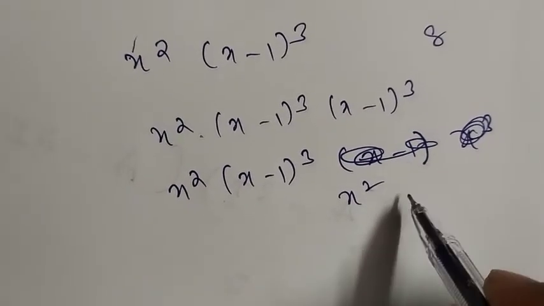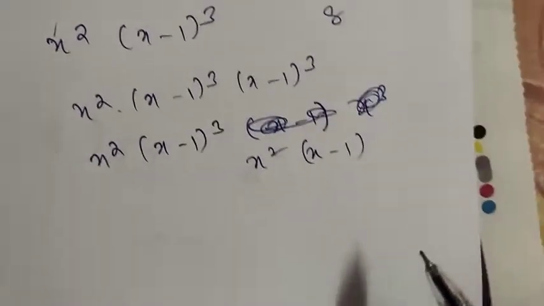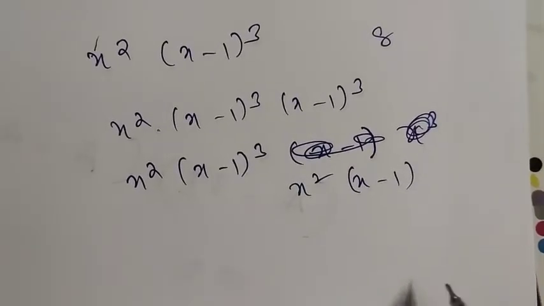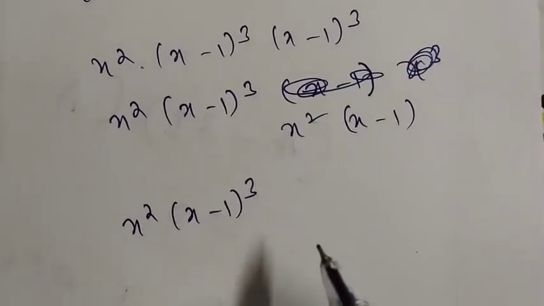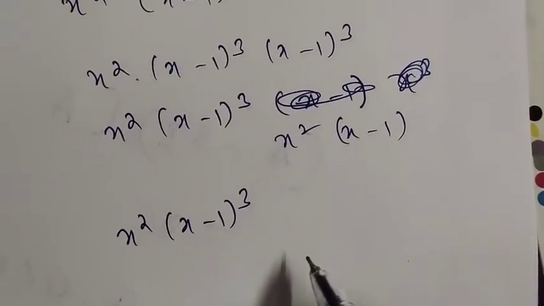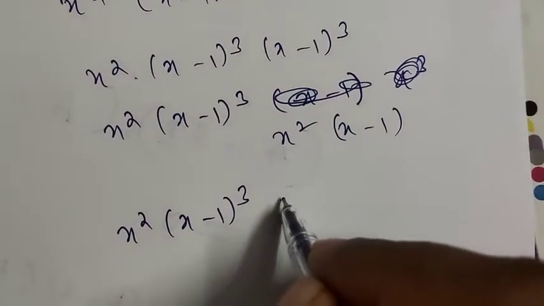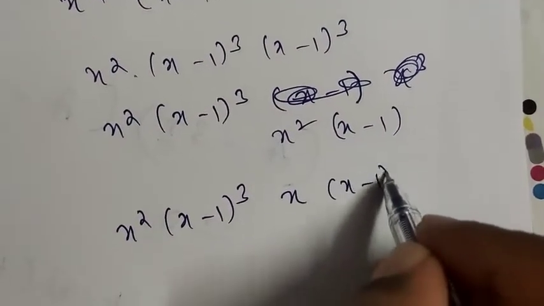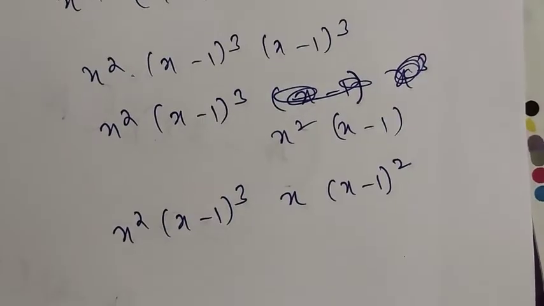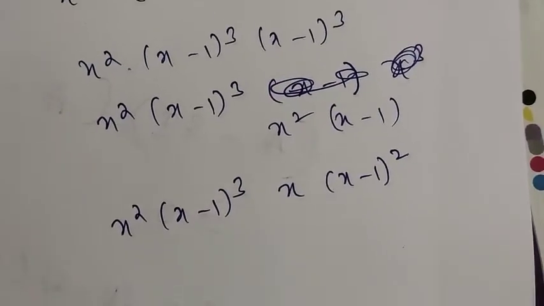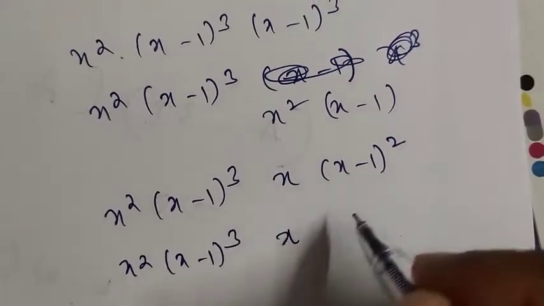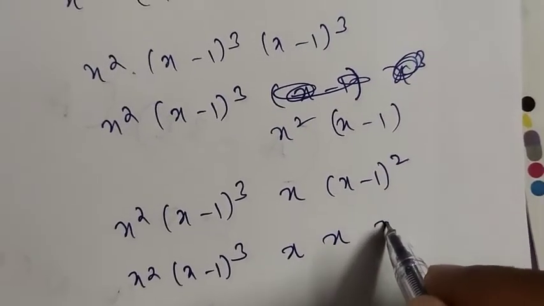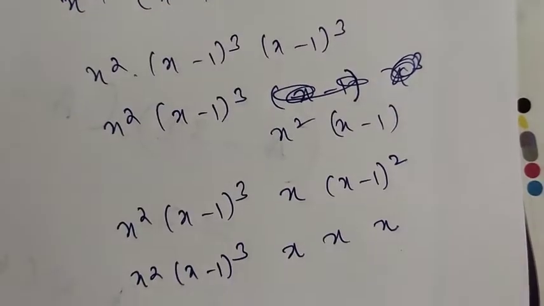Another one needed, so you can add x minus 1. Or x square into x minus 1 whole cube, this is compulsory, into x into x minus 1 whole square. Or x square into x minus 1 whole cube into x into another x, you can write like this also.